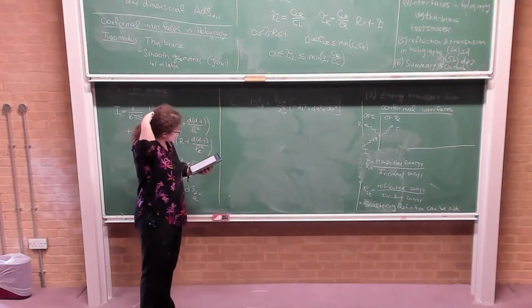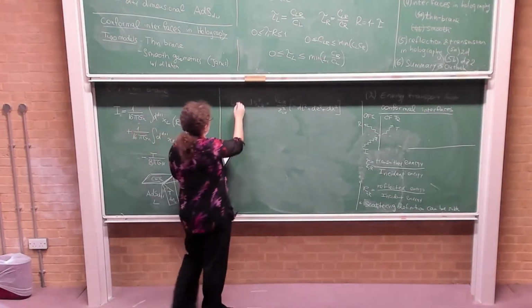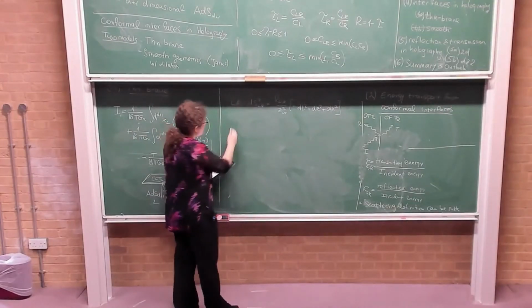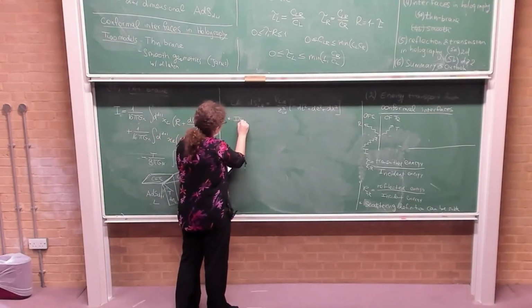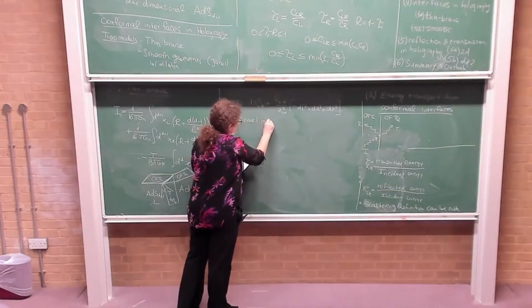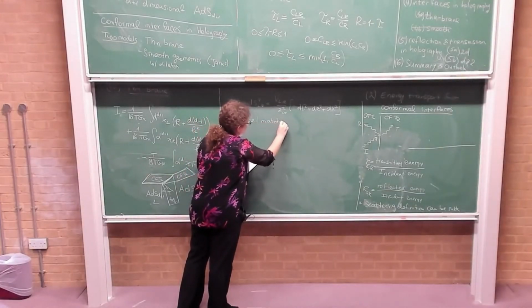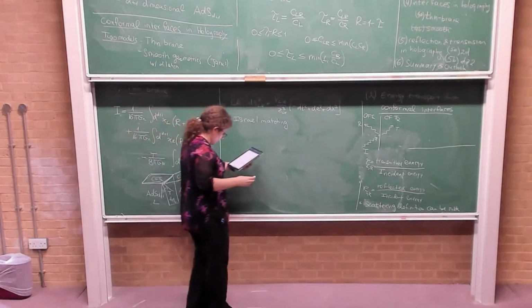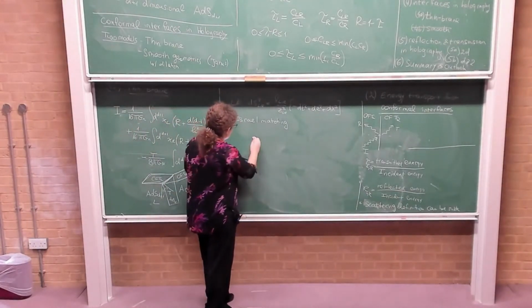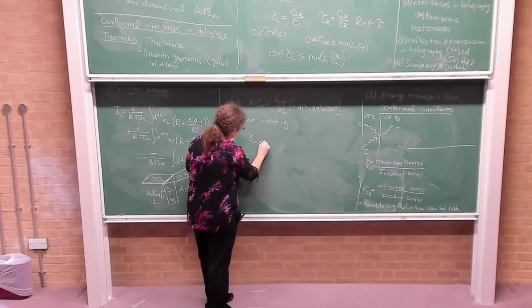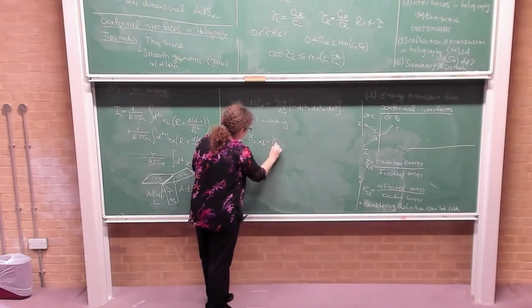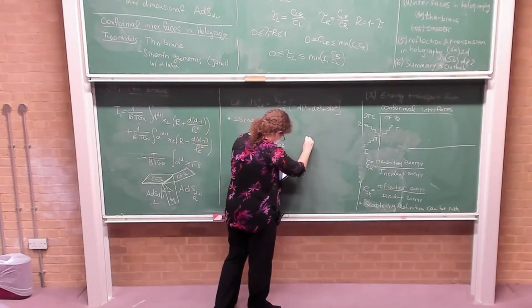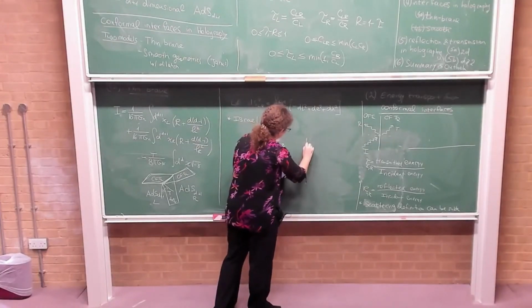And the two patches are glued together by the Israel matching condition, which is essentially the Einstein equation in a pillbox around this delta-function localized energy. The induced metric on the brane should be continuous, and the extrinsic curvature should jump by a fixed amount fixed by the tension.